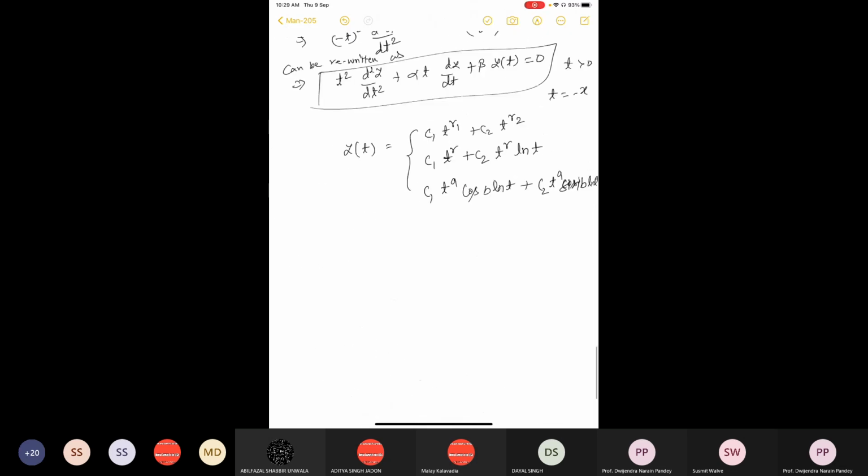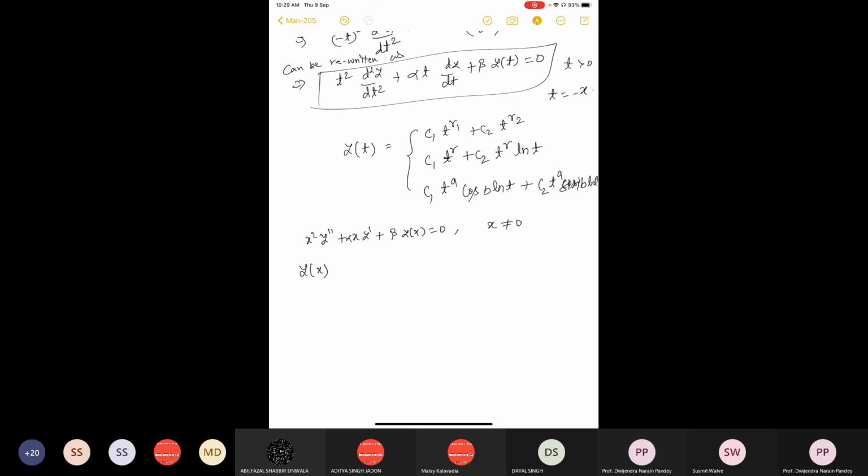So in place of this, I'm assuming that in all cases, x square y double dash plus alpha x y dash plus beta y of x equal to 0.